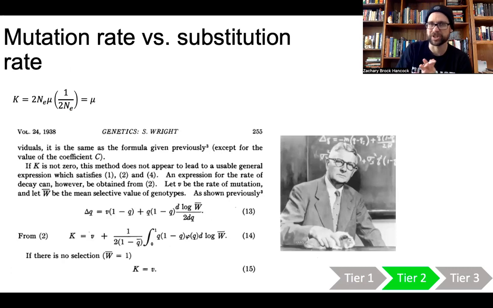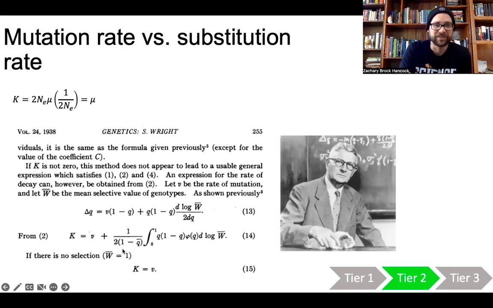Okay, so the next assumption that we made is that the mutation rate was equal to the substitution rate. I'm showing that up here at the top. This was a famous equation that is very often attributed to Motoo Kimura, but it has been recently pointed out to me that Sewall Wright actually derived this in 1938. So this is a screenshot here at the bottom from Wright's paper in 1938.